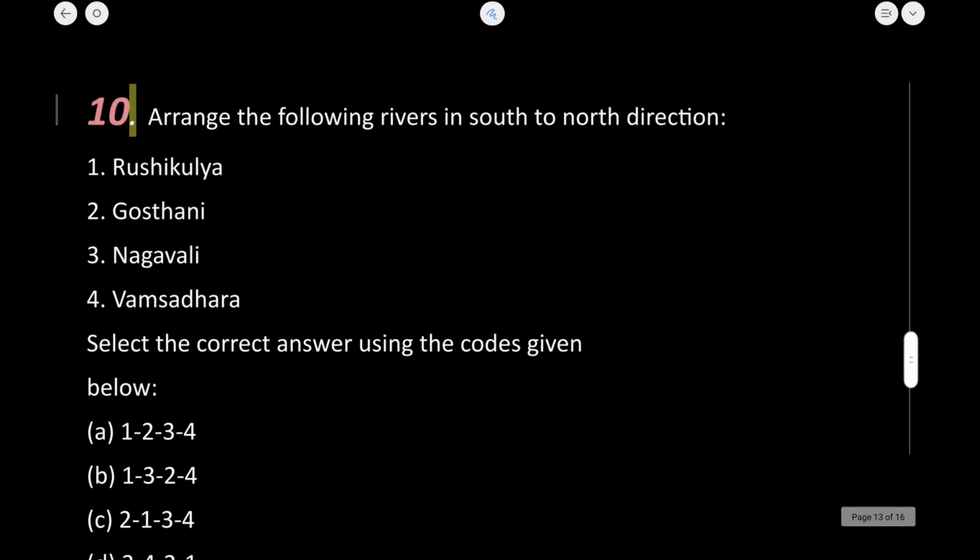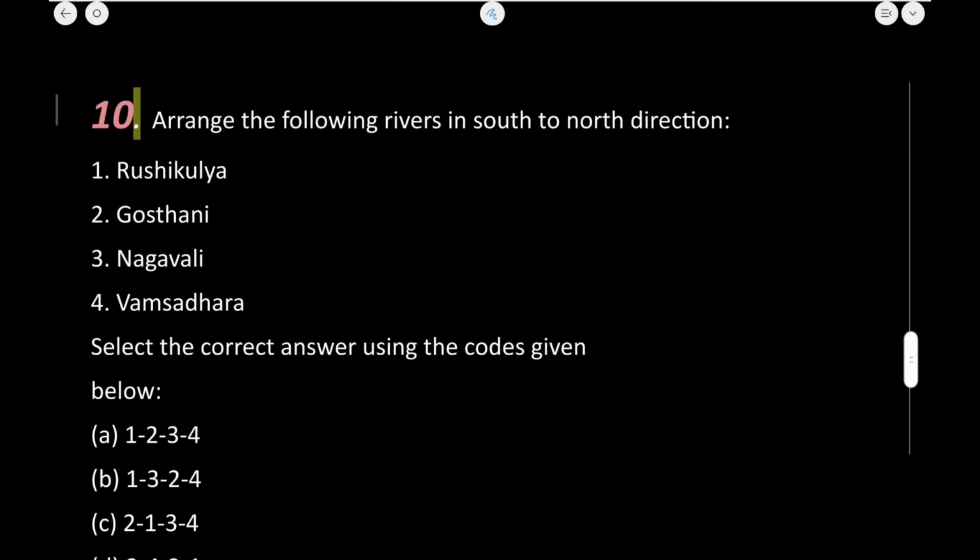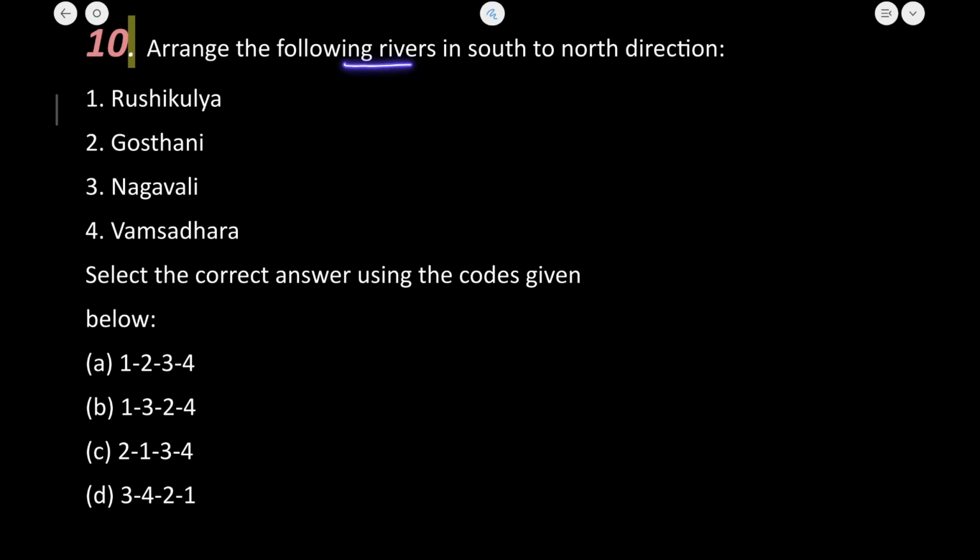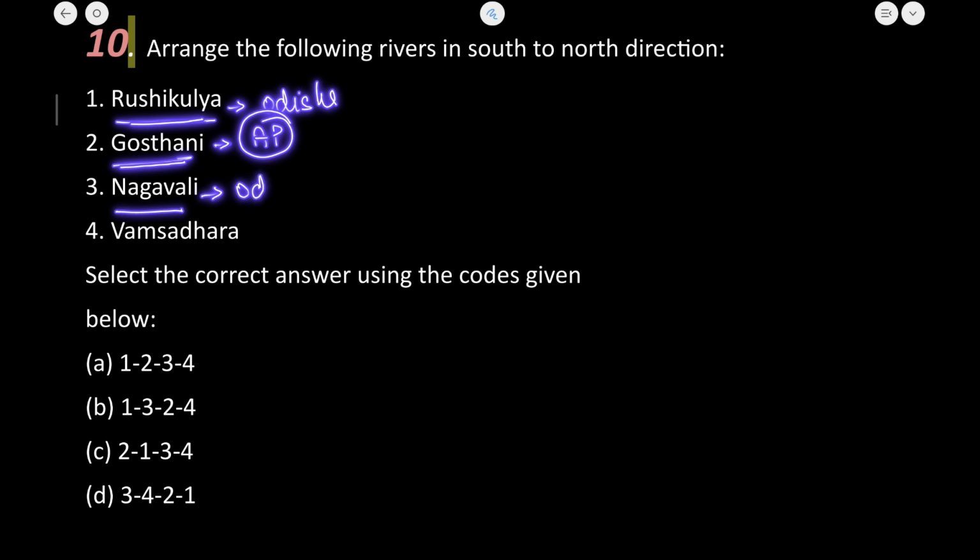Let us now see the next question, question number 10. Arrange the following rivers in the south to north direction. First, the Rushikulya river is a major river of Odisha. The Gosthani river originates in Andhra Pradesh. The Nagavali is also in Odisha.